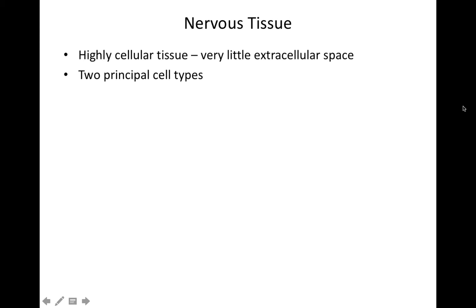So let's talk about this tissue for a second. It's very, very cellular. When we look at nervous system, we don't see a lot of extracellular space. We see a lot of cells, and there's two different types. We've got neurons, which are your functional cells, the cells that are actually doing the job of running everything else.